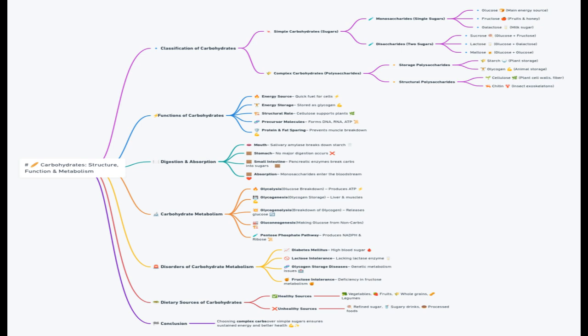So the branches provide a mechanism for quick release or storing of glucose units for metabolism.